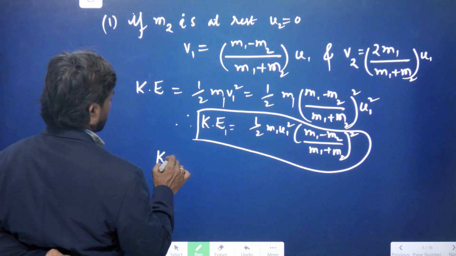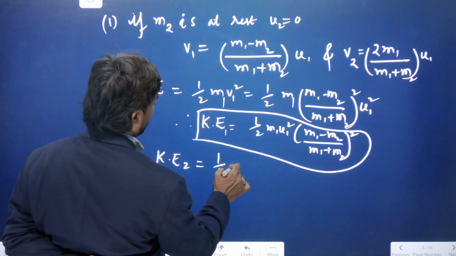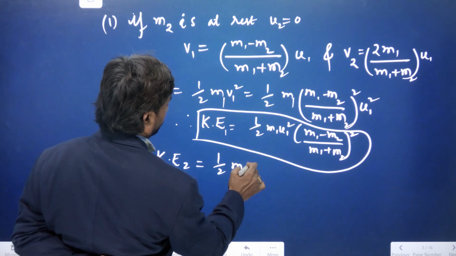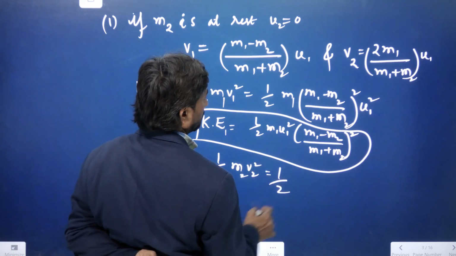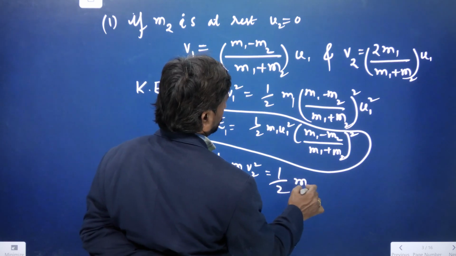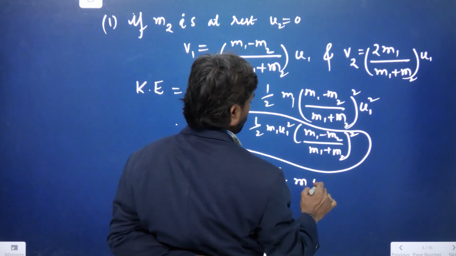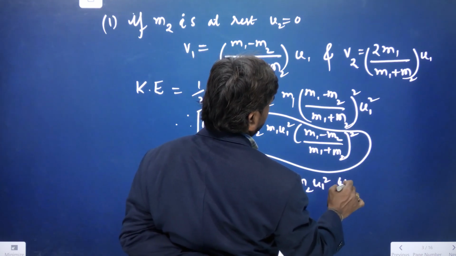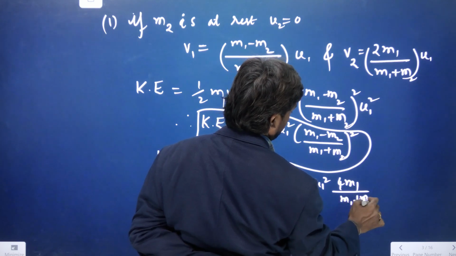Now the kinetic energy of the second particle is half into m2 into v2 square. Substituting v2, we can write u1 square and 4 m1 by m1 plus m2.